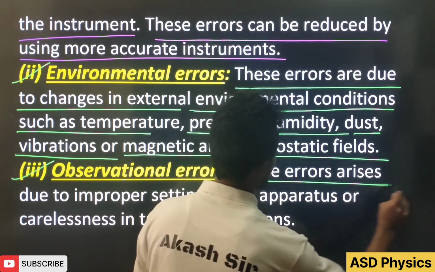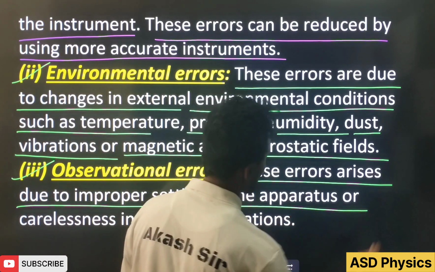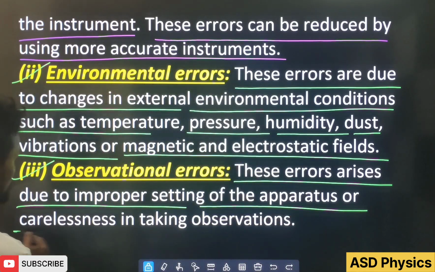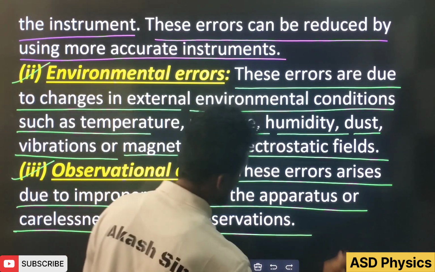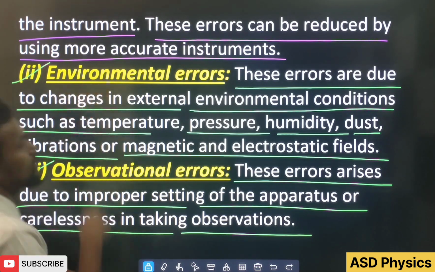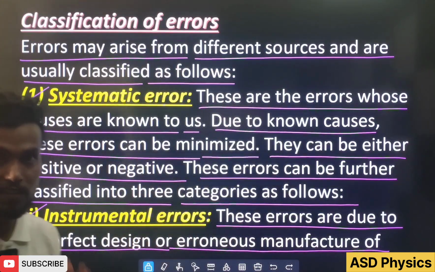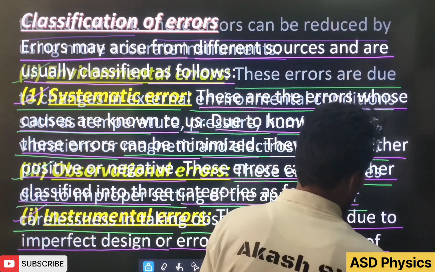These errors arise due to improper setting of the apparatus or carelessness in taking observations. So this error will be committed by the person who is taking the readings. So systematic error is classified in three ways: observational error, environmental error, and the previous one, instrumental error. Students, kindly remember this.